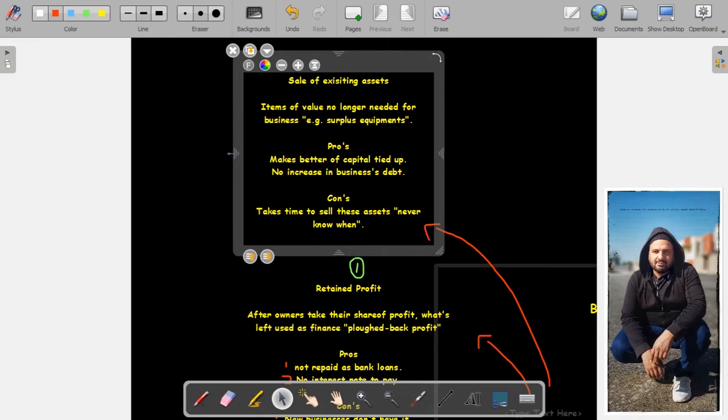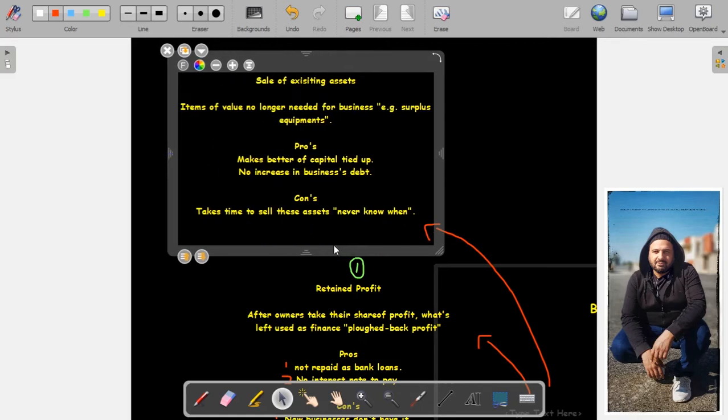And the second point is that new firms or small firms, new businesses, don't have surplus assets to sell.